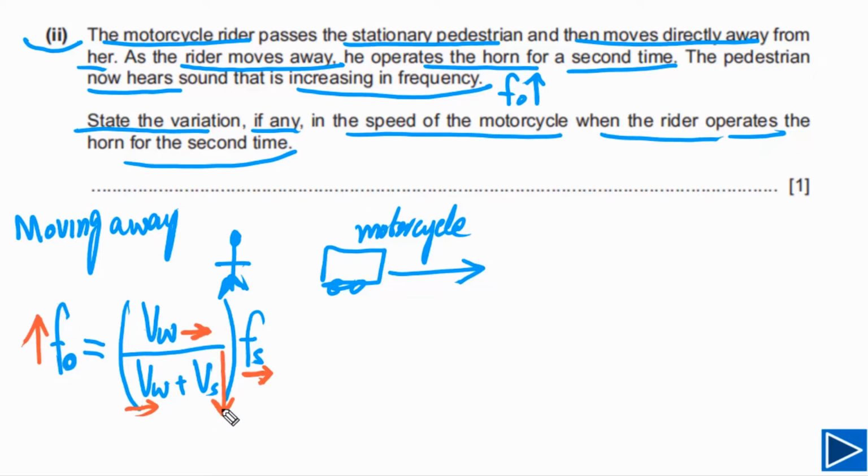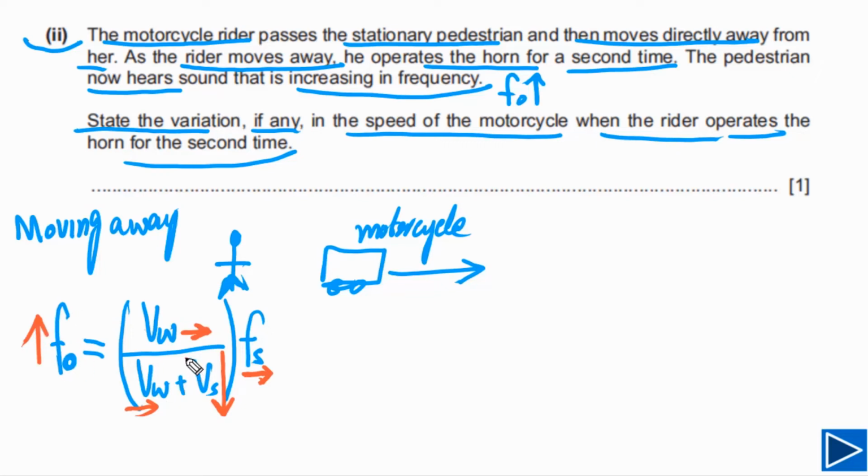If speed increases, you will see observed frequency will decrease with time, means frequency will not be constant. If the source is moving at constant velocity, observed frequency is constant, but if the source is slowing down, observed frequency will increase. But if the source is speeding up, observed frequency will decrease.